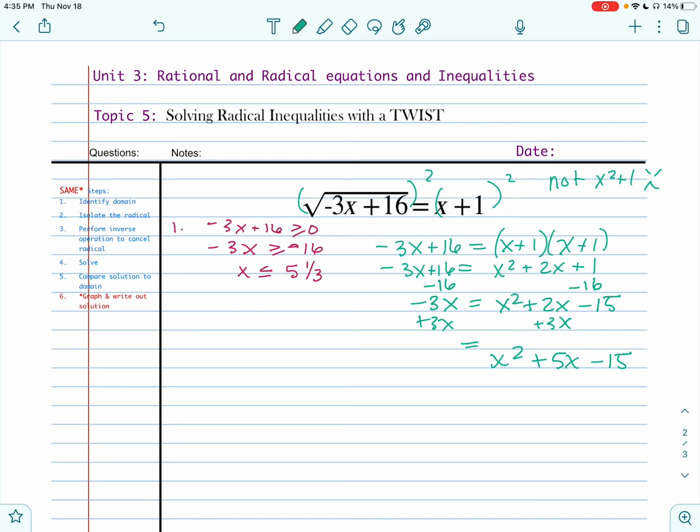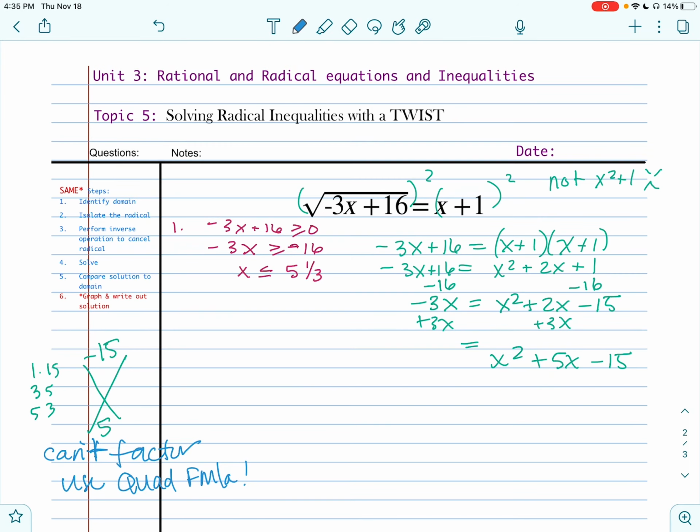So I need factors of negative 15 that add to 5. So what can I do? 1 and 15, 3 and 5. All right, I don't think there is one. So what do I do if I can't factor? If I can't factor, I have to use the quadratic formula.